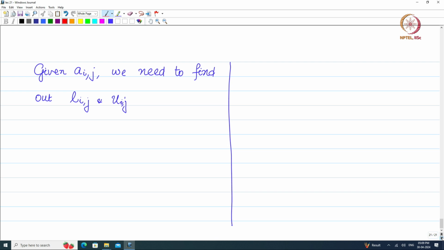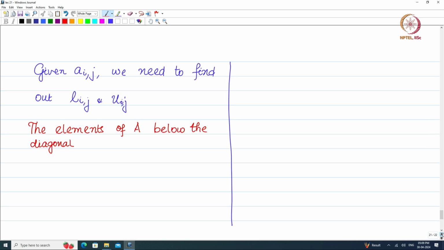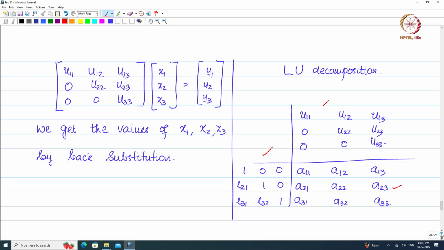Let us try to get it clearly. We have the elements of A below the diagonal. That means we are going to look at A21, A31 and A32.